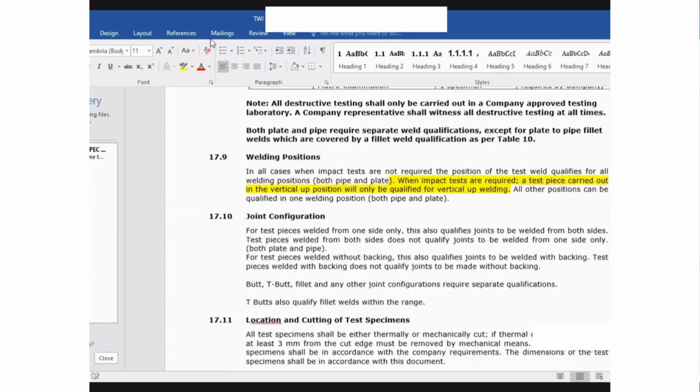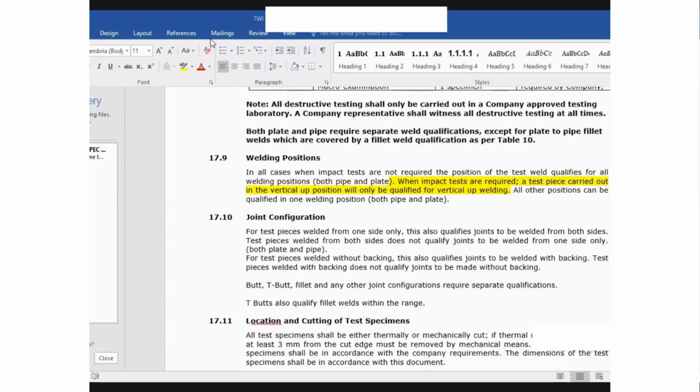Under welding position, in all cases, when impact are not required, the position of the test qualified for all position, both pipe and plate. When impact required, test is carried out with vertical position only, qualified for vertical up position. All right.